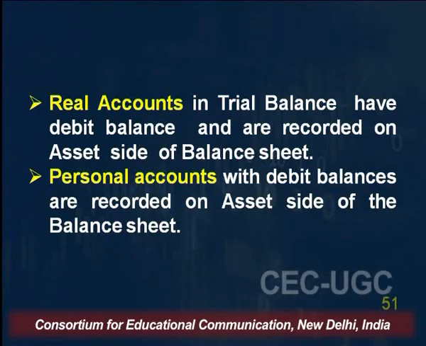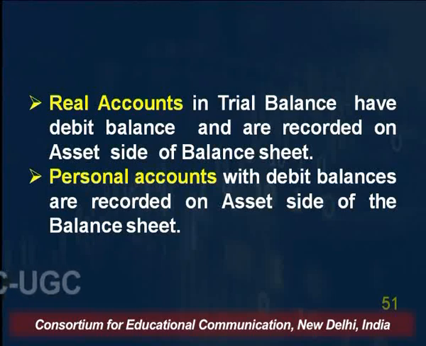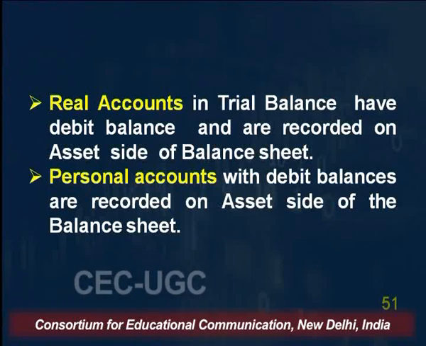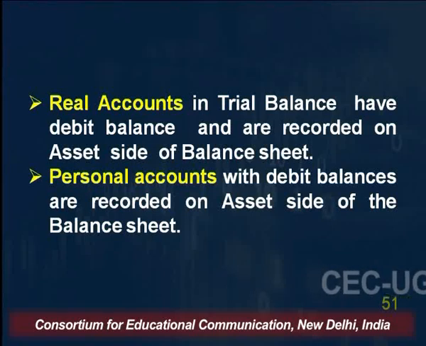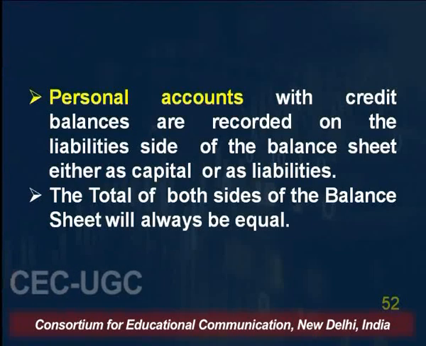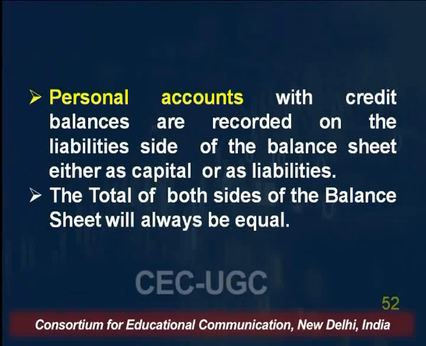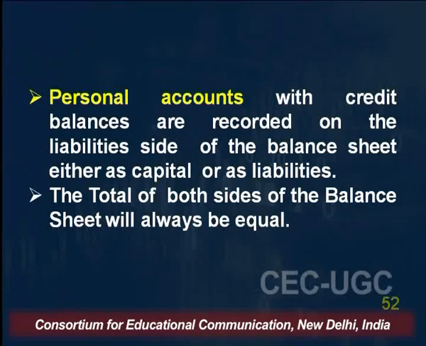Items which are related with the real account, meaning all assets, will be shown on the asset side of the balance sheet. Items which are related with the personal account, that means debtors, creditors, drawings, capital, are to be shown in the balance sheet. The totals of both sides of the balance sheet will always be equal.